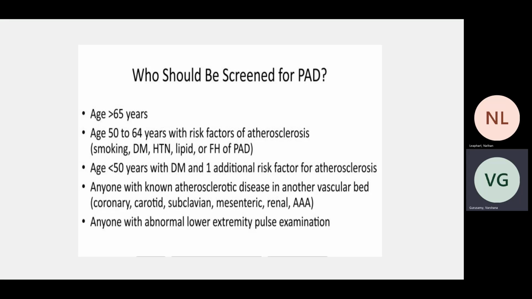There are patients that have narrowing of their renal arteries, who can get refractory hypertension, and then patients with AAA. So anybody in this category needs to be evaluated for PAD, and somebody who's of age with risk factors.